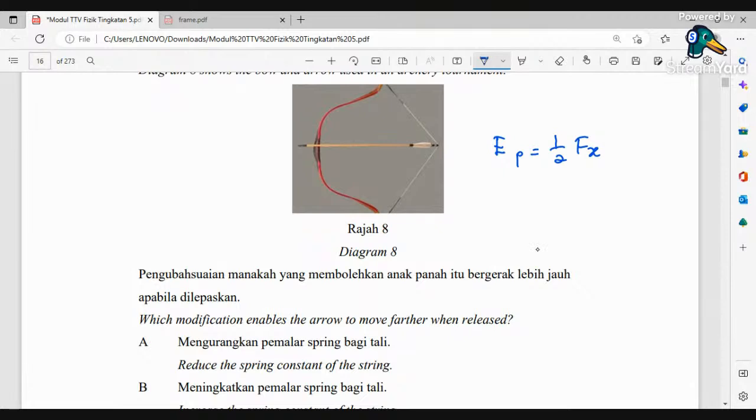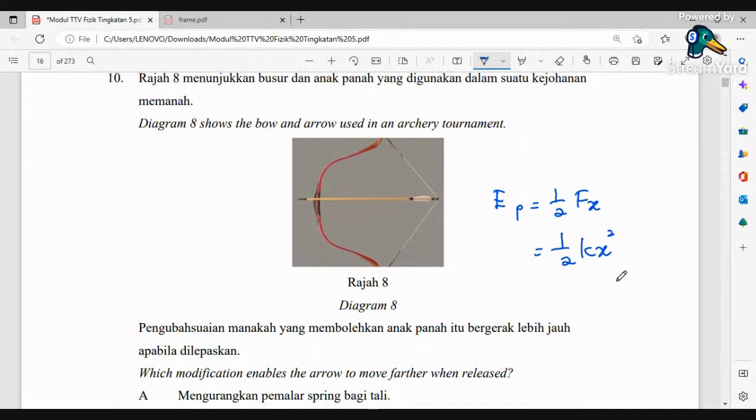Half kx squared. Okay, if you want to increase the elastic potential energy, you must pull it a bit further, the elastic string, and then the value of K must be larger. Okay, must be larger.